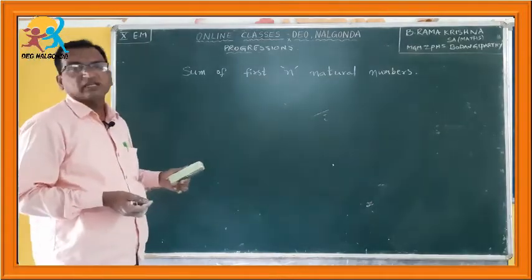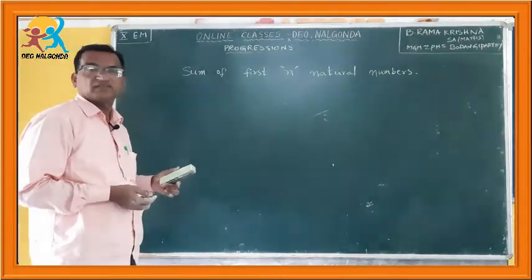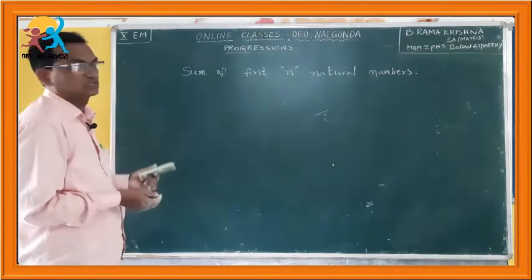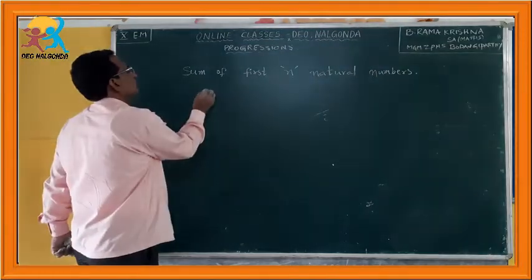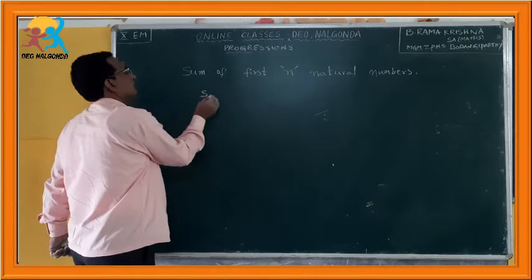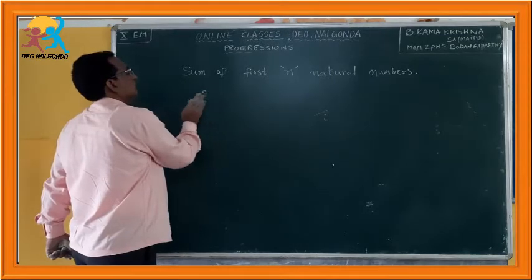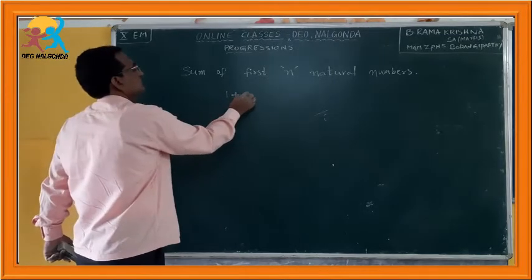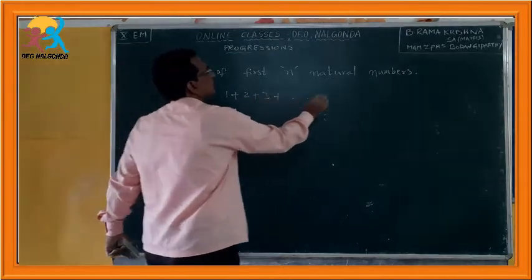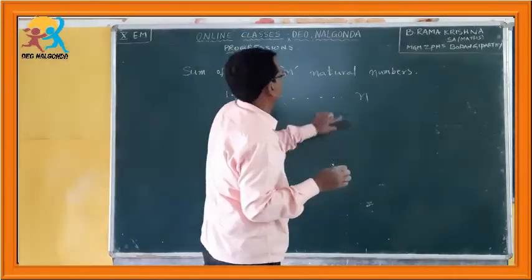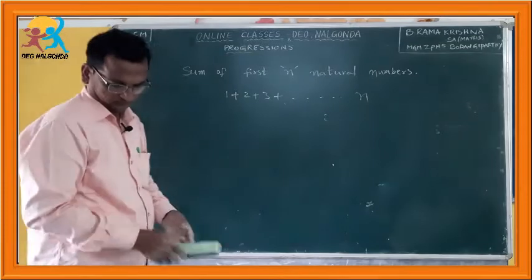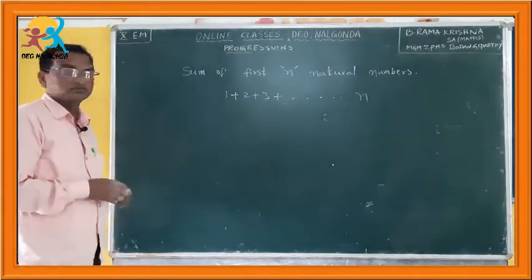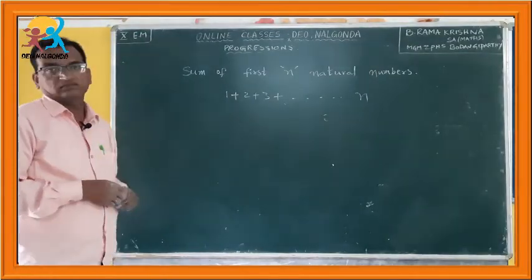You know natural numbers start from 1. So we want Sn, the sum of 1 plus 2 plus 3 and so on up to n. Now, we want to find this.